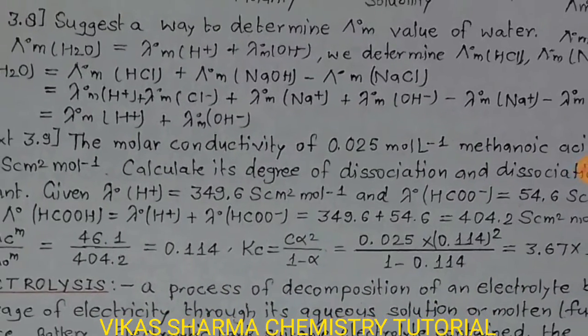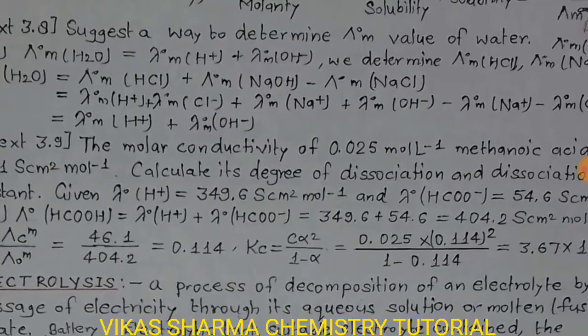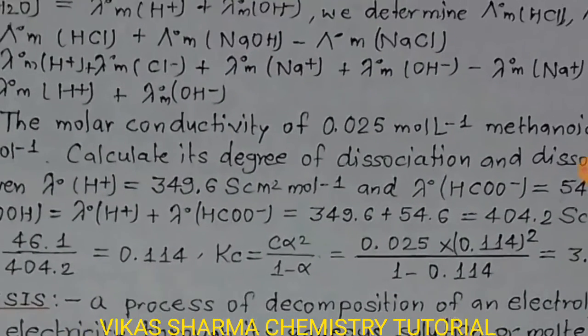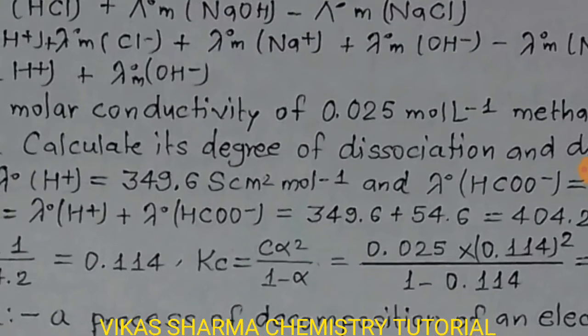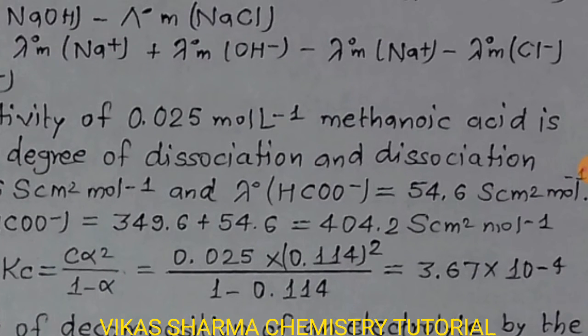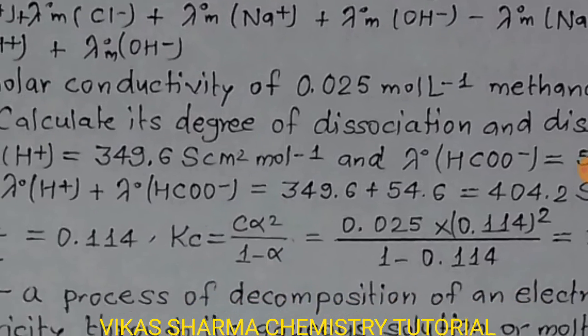So students, we calculate the molar conductance of methanoic acid. It is the molar conductance of hydrogen ion plus the molar conductance of HCOO negative. We put in the values 349.6 plus 54.6. It is 404.2 Siemens centimeter square per mole.